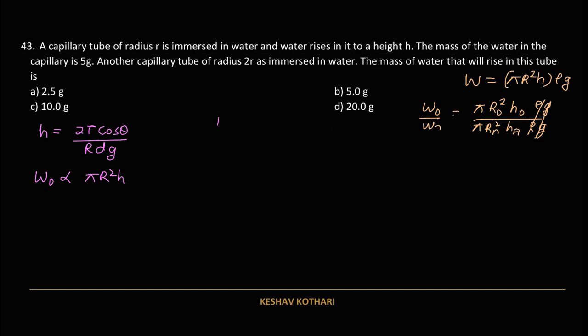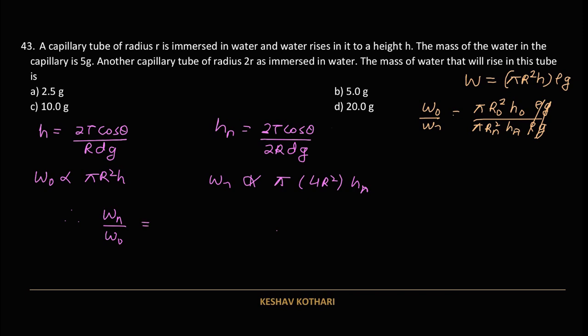Now the new height is written as 2T cos theta upon 2r d g, and hence the new weight is proportional to pi 4r square, because of 2r square, into h new. So I can write that W new upon W naught is pi r square 4 times h new, that is 2T cos theta upon 2r d g, divided by 2T cos theta pi r square upon r d g.